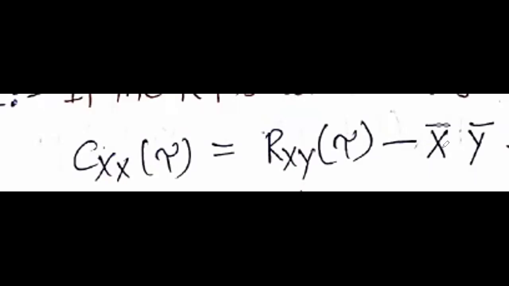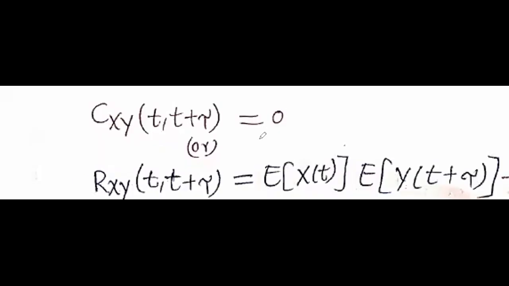And the second consideration here: if the two random processes x of t and y of t are uncorrelated, then the cross covariance function Cxy of t comma t plus tau is equal to 0. Just wait, I will show you again with the formula. So see, this is the mathematical representation.